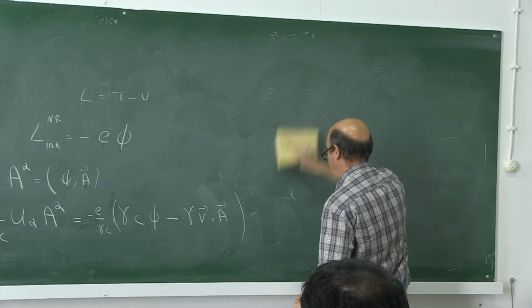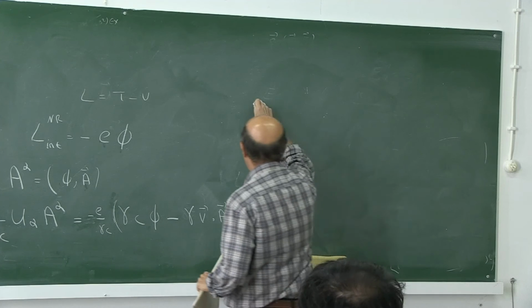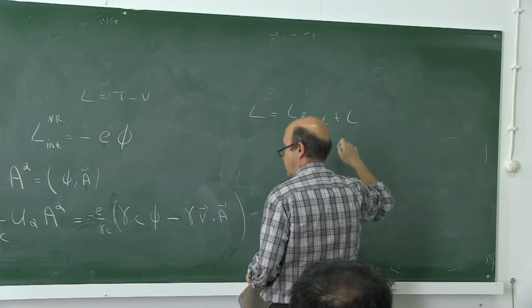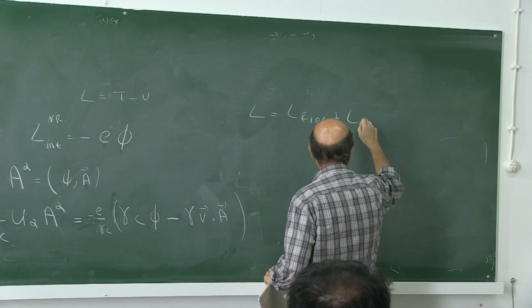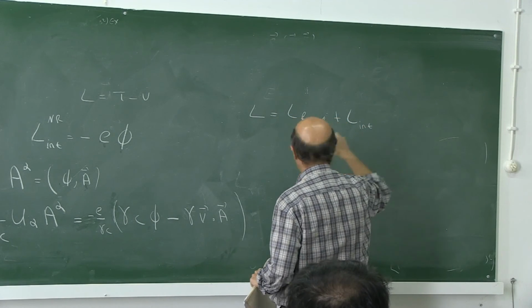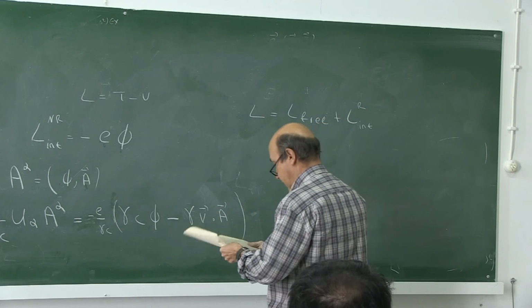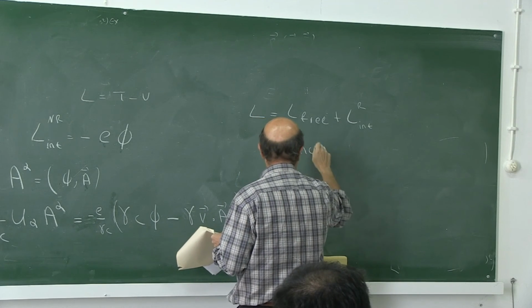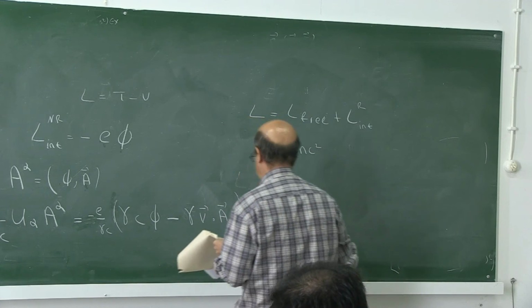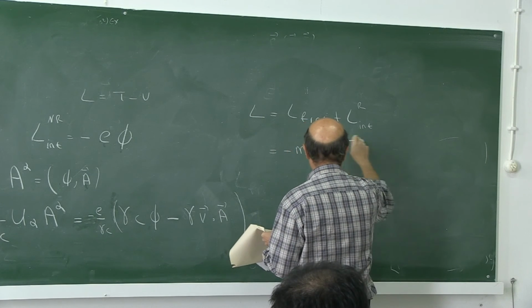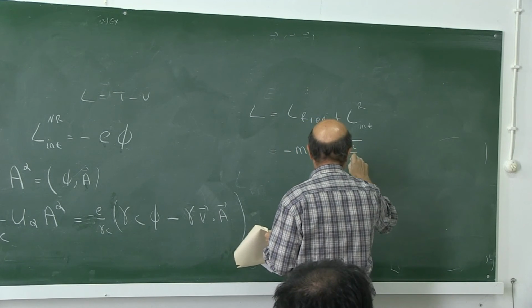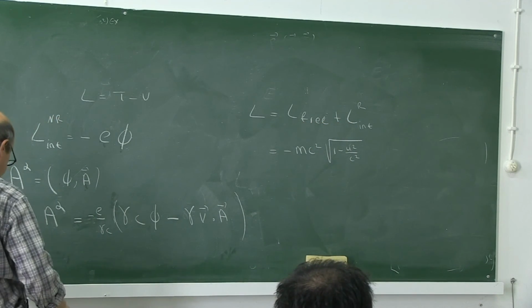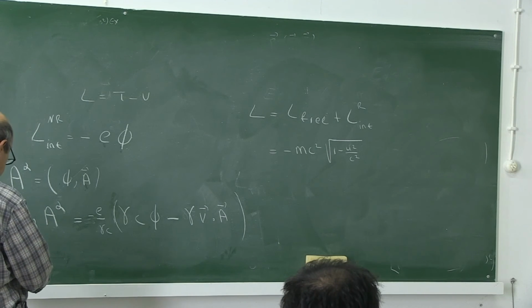The Lagrangian is L free plus L interaction with the electric and magnetic field, which is relativistic. And that is equal to minus mc squared times 1 over gamma, the square root of 1 minus u squared over c squared, and plus the interaction term. So the interaction term should be what?